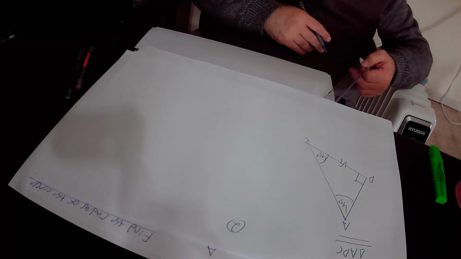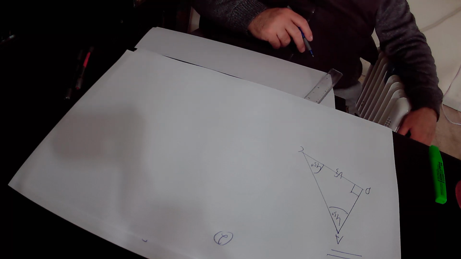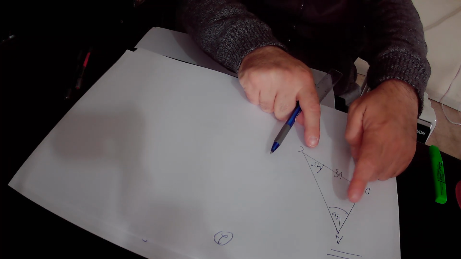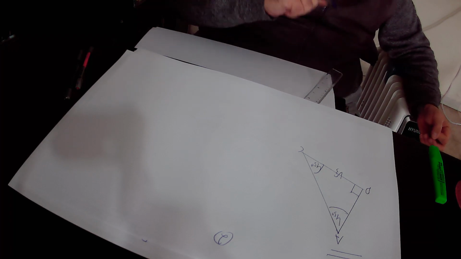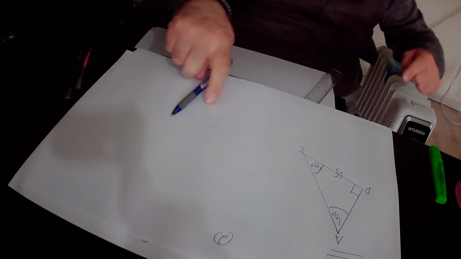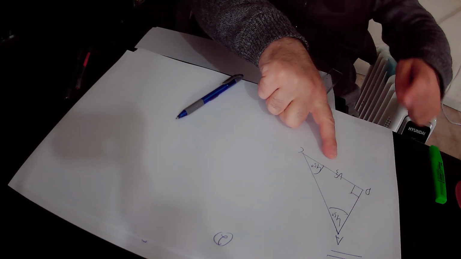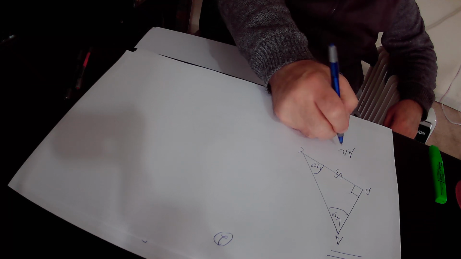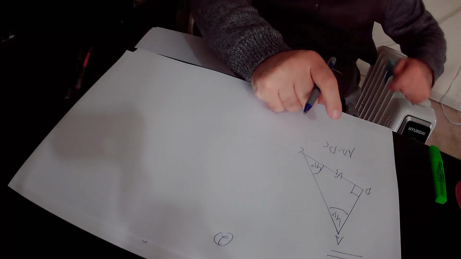So actually, this is the right triangle ADC that I copied from the original drawing. The right triangle ADC is also an isosceles triangle. Why? Because those two angles are equal to each other. And we have the rule that opposite equal angles in a triangle there are equal sides. So opposite those two equal angles, we have two sides that must also be equal to each other. That is to say, side AD must be equal to side DC.